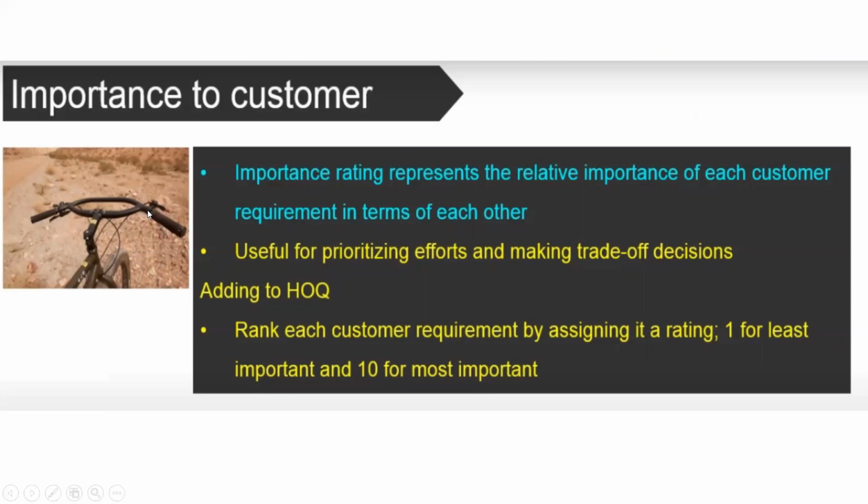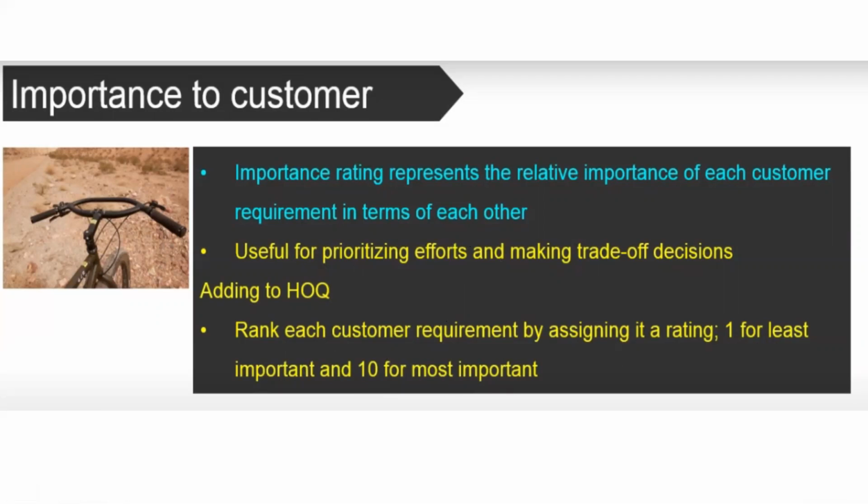What is important to the customer? Relatively important: compare the requirements with each other. Which is the priority for the decision, the most important one? For every customer requirement, the ranking 1 is less important, 10 is most important.